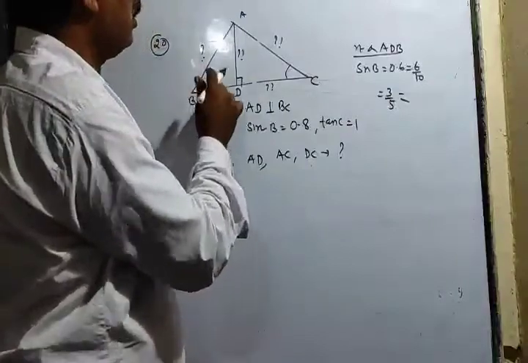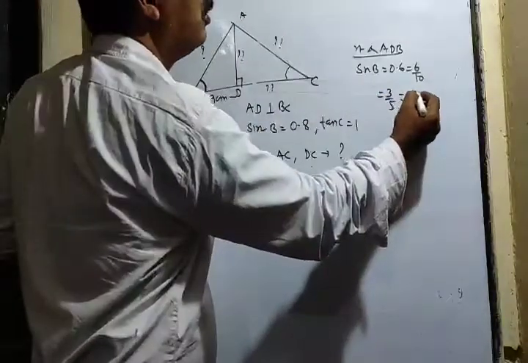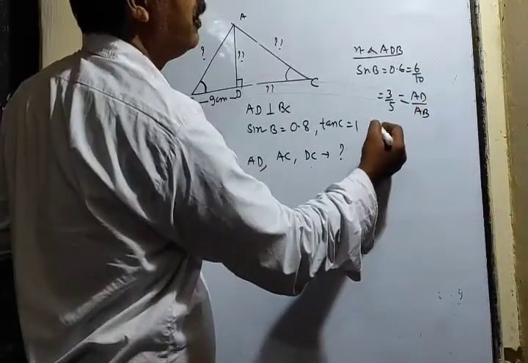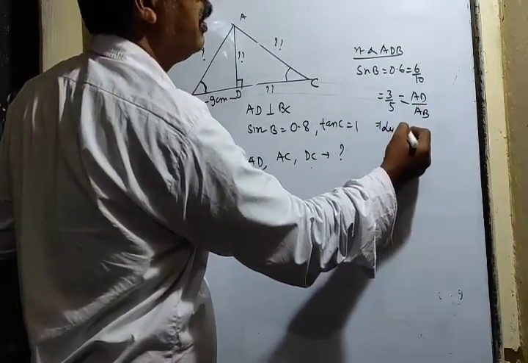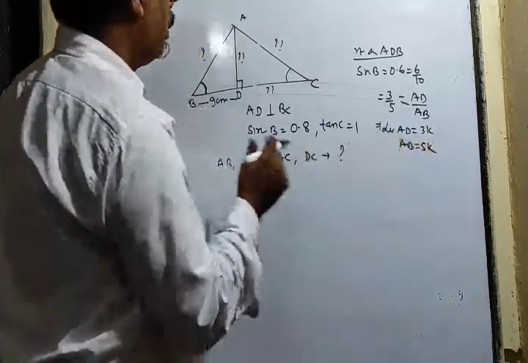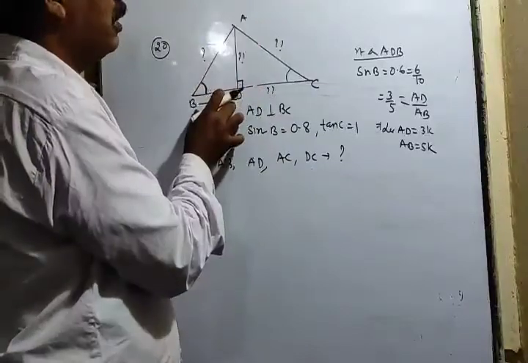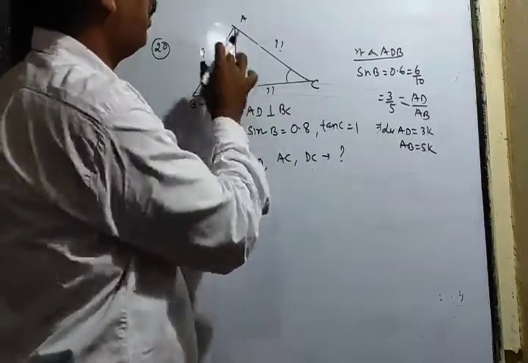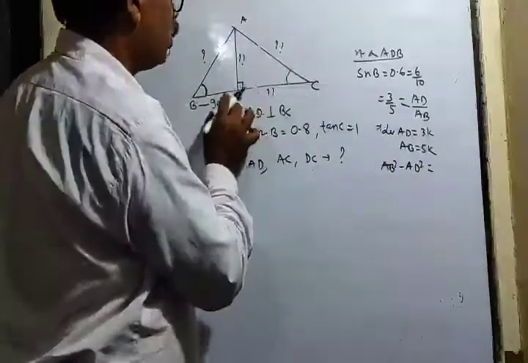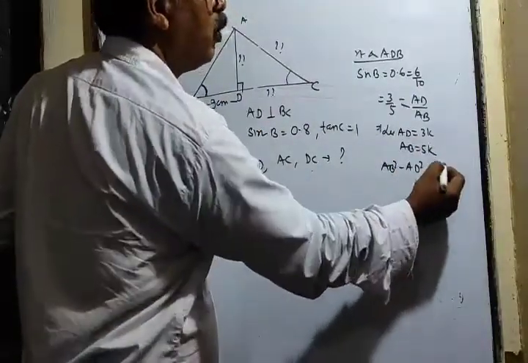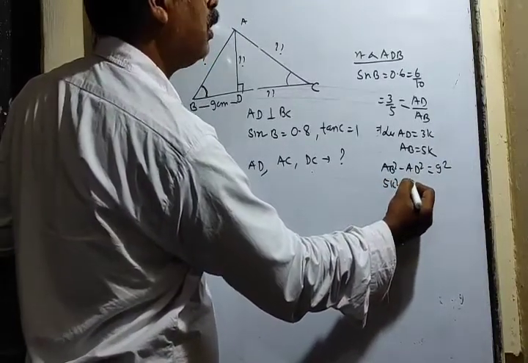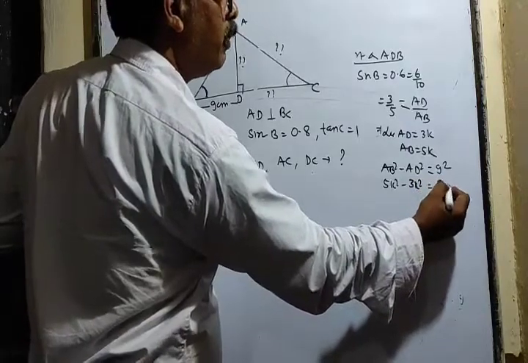Therefore, for this angle, sine theta is P by H. So it is AD by AB. Then we will consider let AD is equal to 3K, AB is equal to 5K, and we'll make a relation between this and this and this, Pythagoras formula. So what will happen? AB square minus AD square will come out as 9 whole square. So 5K square minus this 3K square is equal to 81.